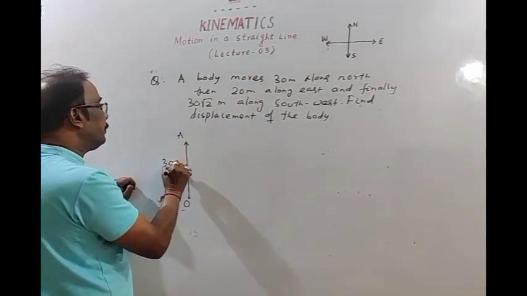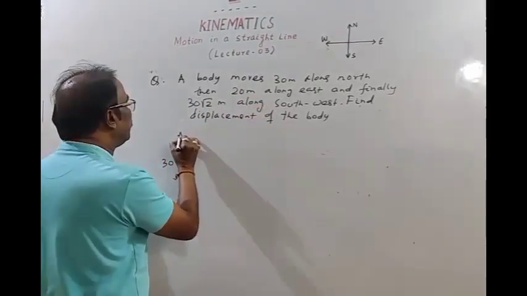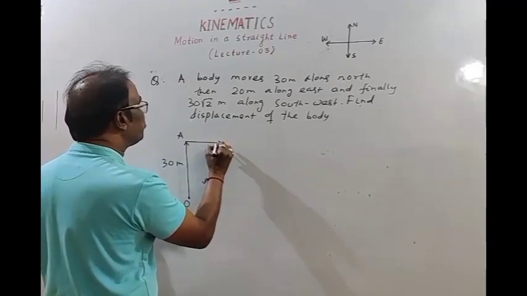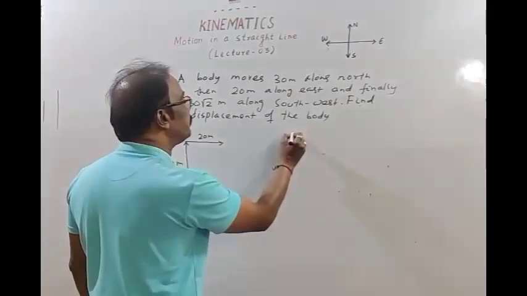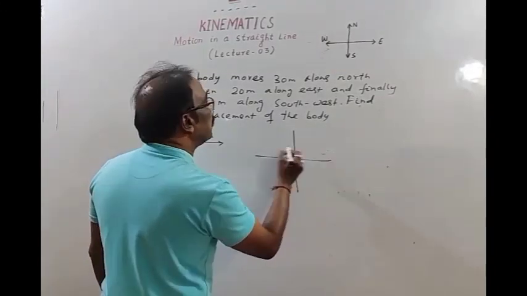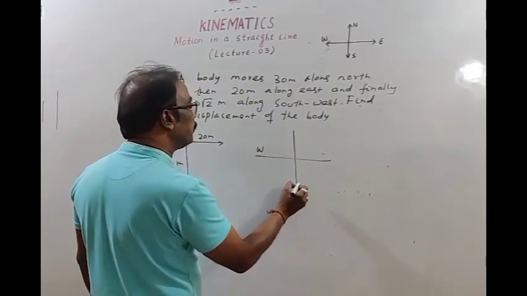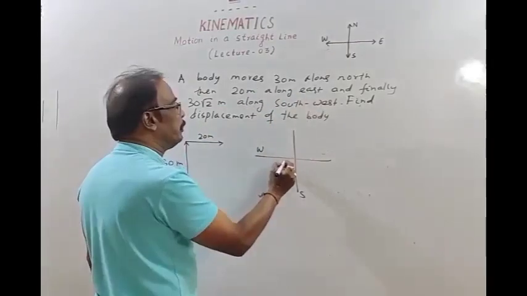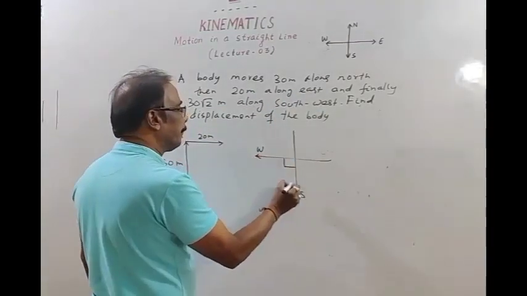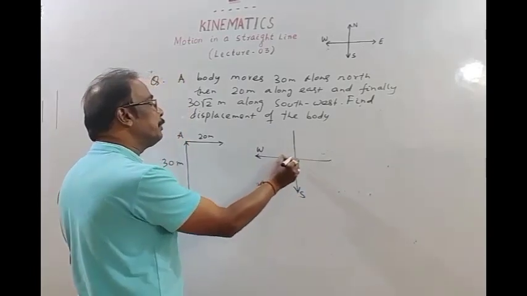Distance is 30 meter. Then 20 meter along east. This is direction of east. This is 20 meter. Then 30 root 2 meter along southwest. Students, this is along west, this is along south. So 30 root 2 meter along southwest. Angle between west direction and south direction is 90 degree.